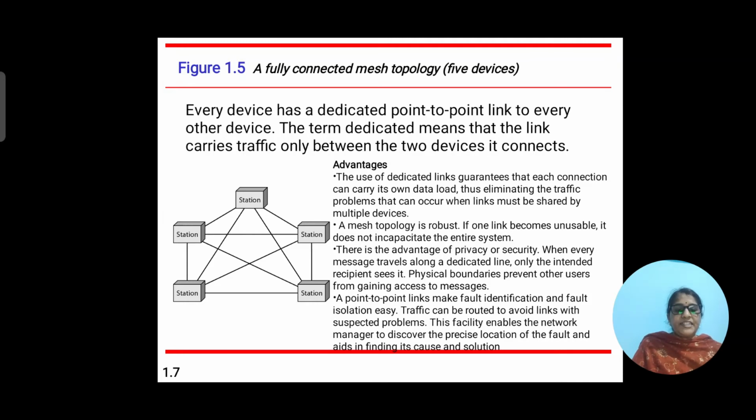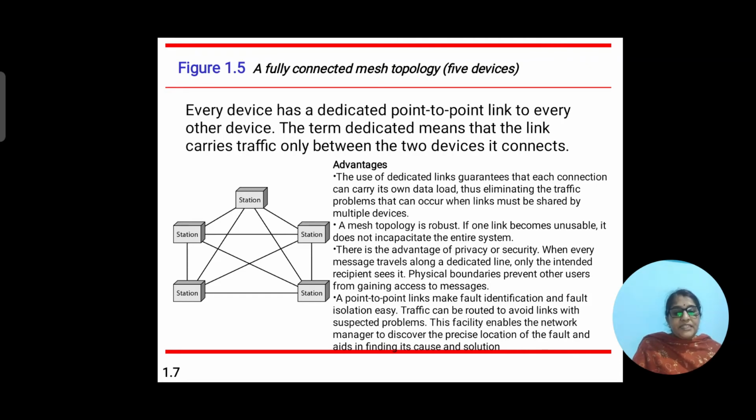The advantages of mesh topology. The use of dedicated links guarantees that each connection can carry its own data load, thus eliminating the traffic problems that can occur when links must be shared by multiple devices.